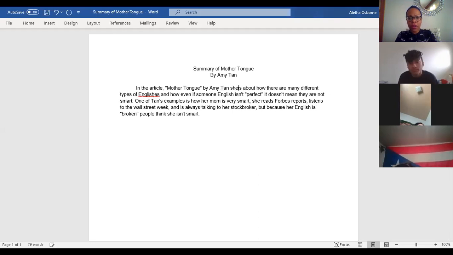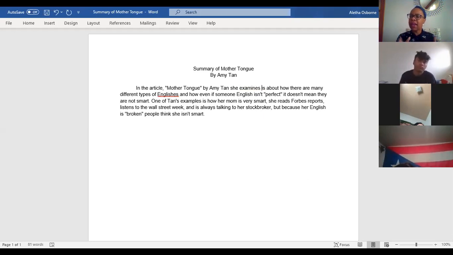Remember how we talked about the use of strong verbs. Does anyone remember the handout I gave you guys about summary writing? In that handout, it gave a list of strong verbs, right? So instead of saying in the article the author talks about or the author says, I want to encourage you to use those strong verbs.